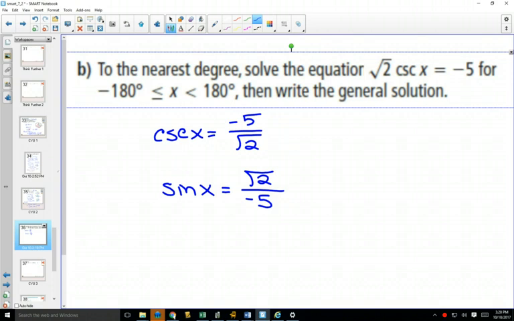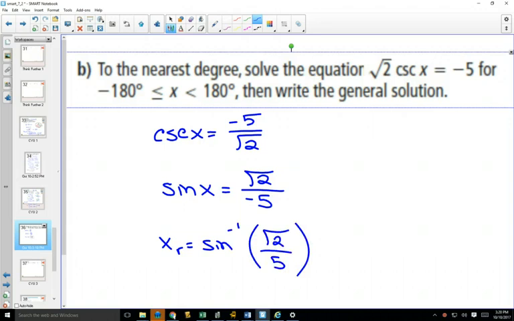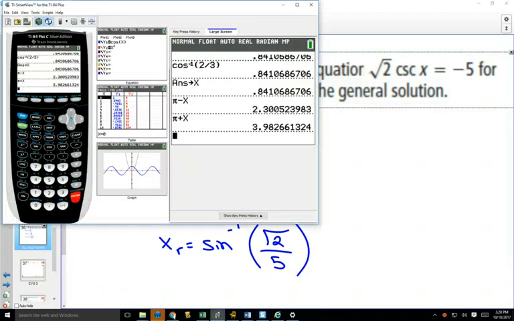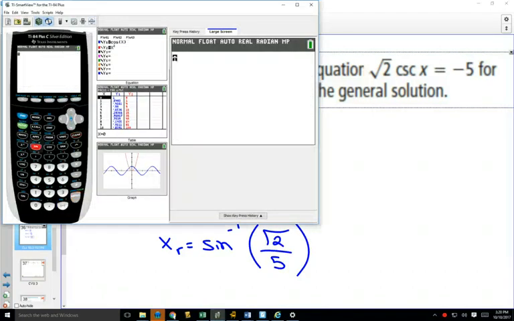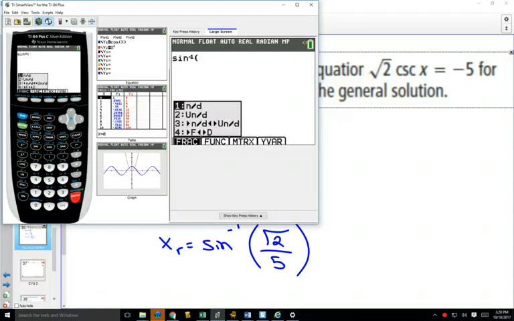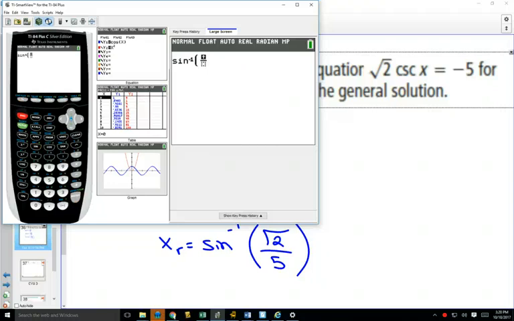Is that on your pie plate? No. So we'll need to get a reference angle, sine inverse of positive root 2 over 5. I'm going to use the fraction button.